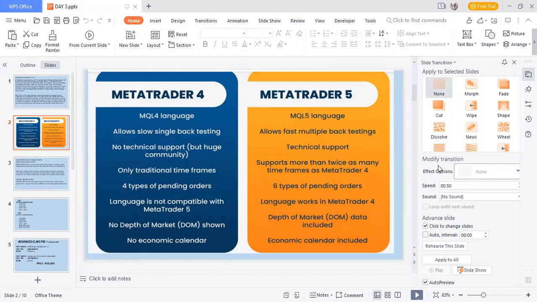MetaTrader 5 has 6 pending orders. The 4 pending orders that MetaTrader 4 has are buy stop, sell stop, buy limit, sell limit. While MetaTrader 5 has buy stop, sell stop, buy limit, sell limit, buy stop limit, and what? Sell stop limit. MetaTrader 4 has no economic calendar, but MetaTrader 5 has an economic calendar included.